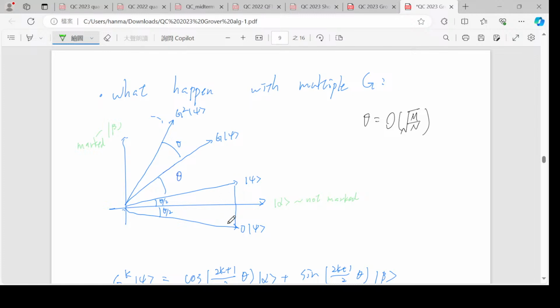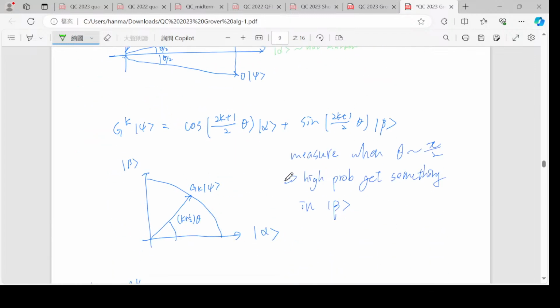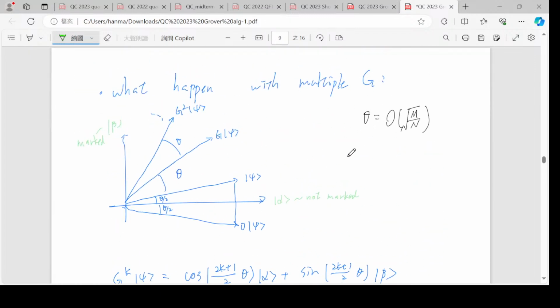So the net effect of those two reflections is rotation by angle theta, where theta over 2 is defined by the angle between psi and alpha, and you can calculate that.